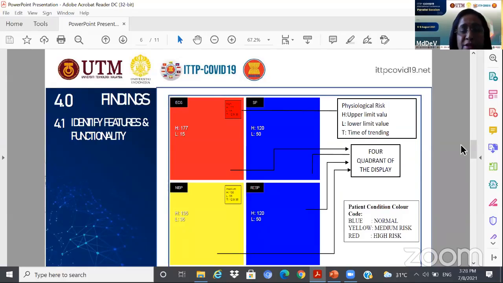The visual alarm is color coded: blue is the normal value of the vital signs, yellow is the medium risk, and the high risk is red. When there is a low risk, when the value is slightly above the limit, the focus group studies suggested that a low-risk alarm should not trigger any auditory alarm.